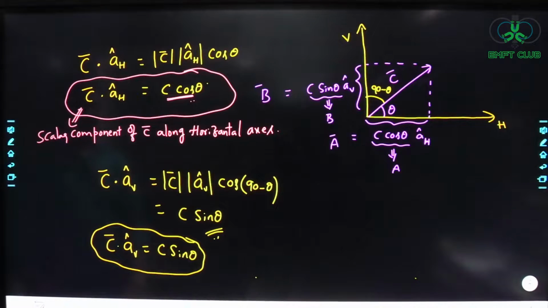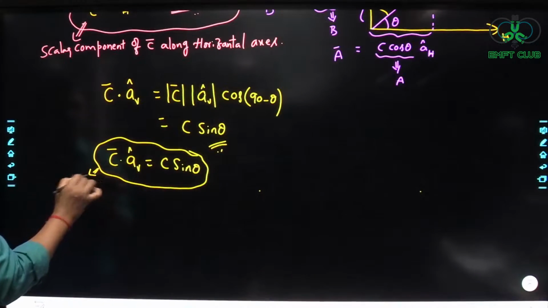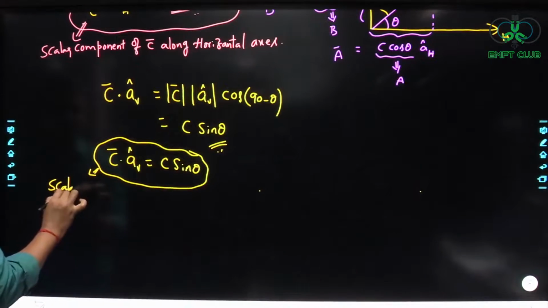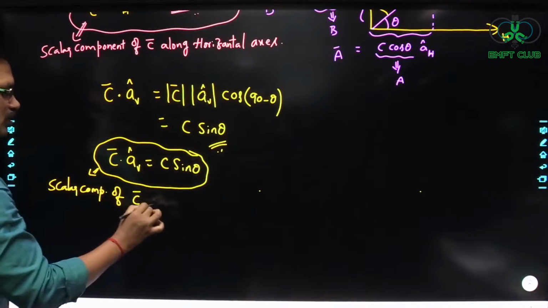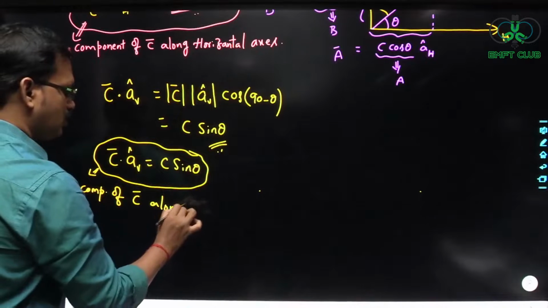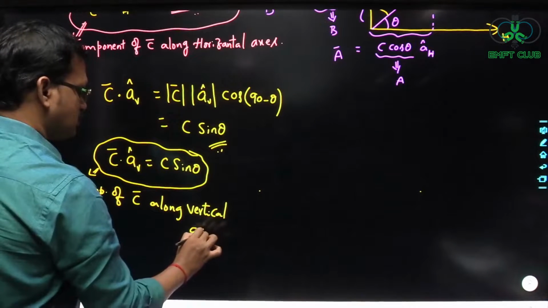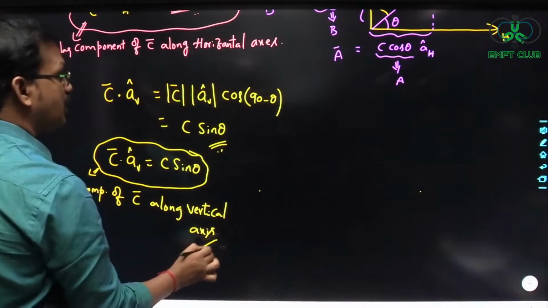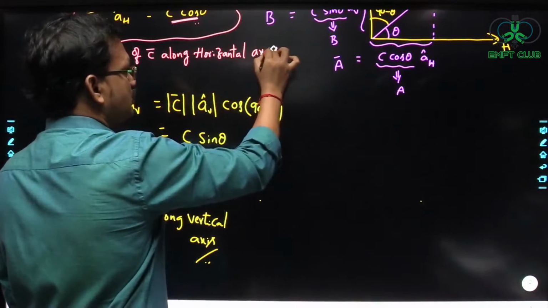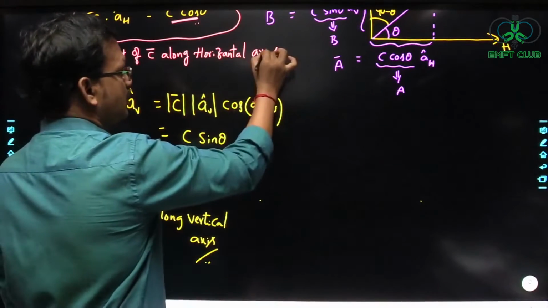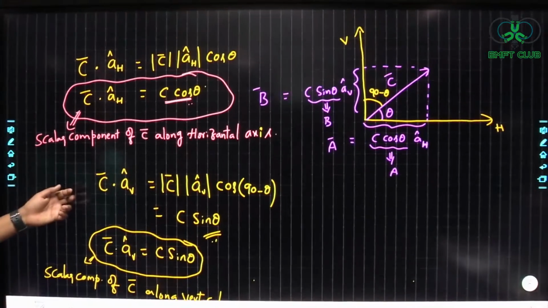This is called the scalar component of C bar along the vertical axis. Here it is not plural, it is the vertical axis.